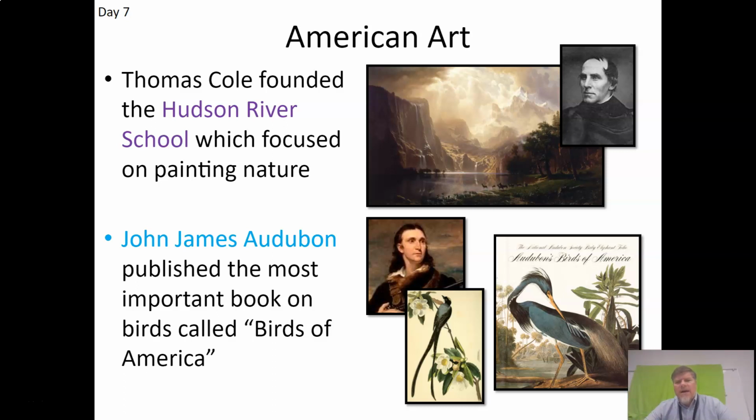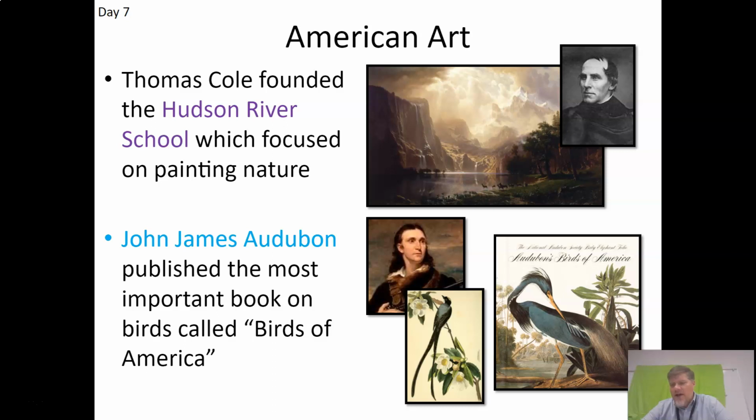Thomas Cole is one of the founding members. Basically, if you see a dramatic landscape picture like this one here, using light in powerful ways, with light and dark areas, but just big, huge, sweeping landscapes, it's the Hudson River School that we're talking about here.